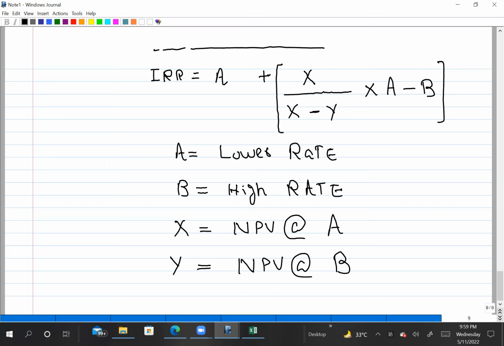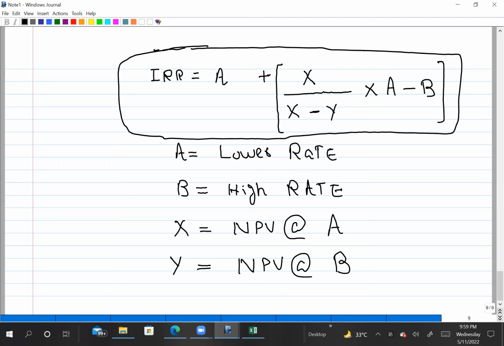So this formula we can use to calculate the internal rate of return, and we will discuss this later on. This is the formula to calculate the internal rate of return or IRR of the project.